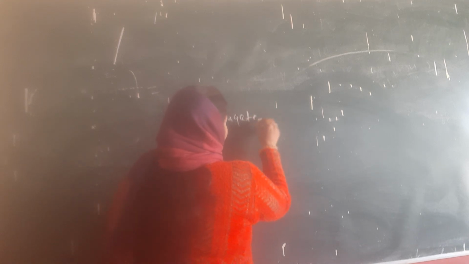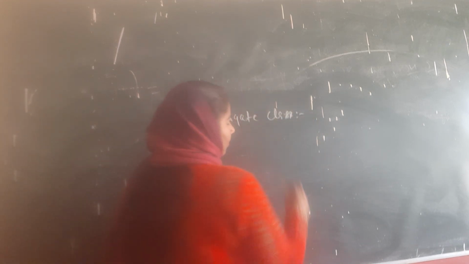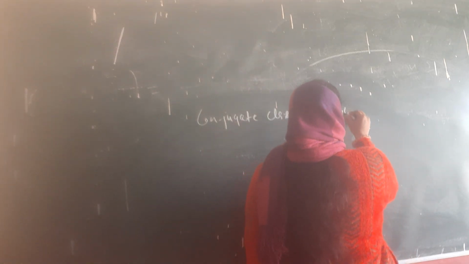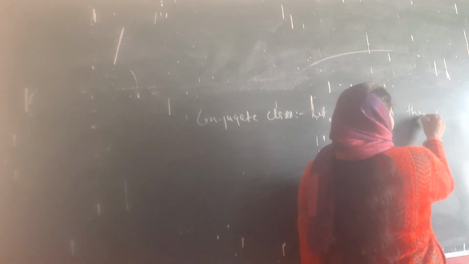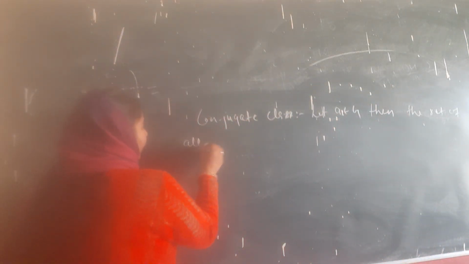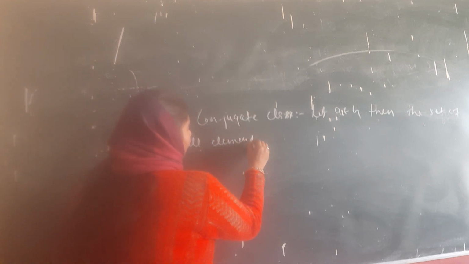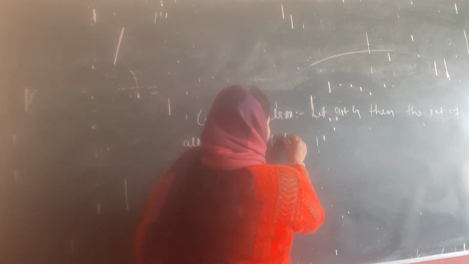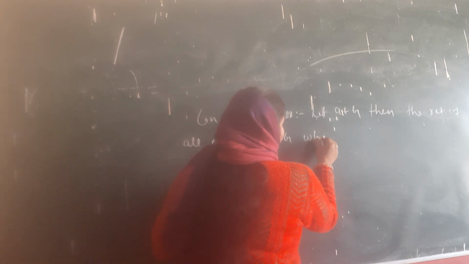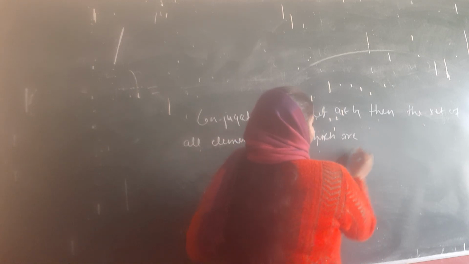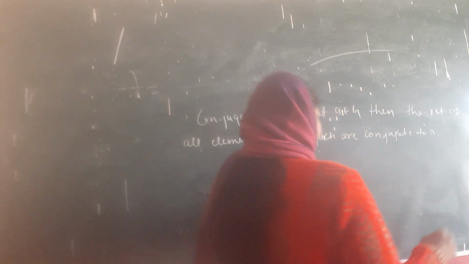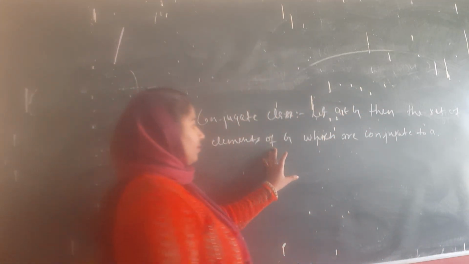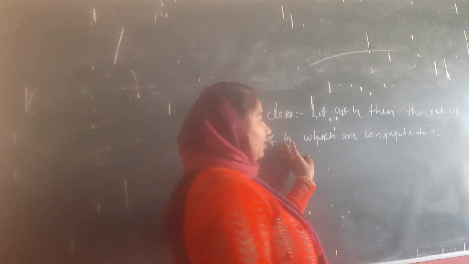Conjugate class. Let A belongs to G, then the set of all elements of G which are conjugate to A. रिलेशन में कह सकते हैं कि ऐसे एलिमेंट्स G के जो कंजुगेट set of all elements of G which are conjugate to A.